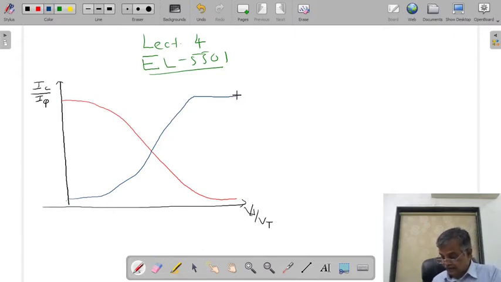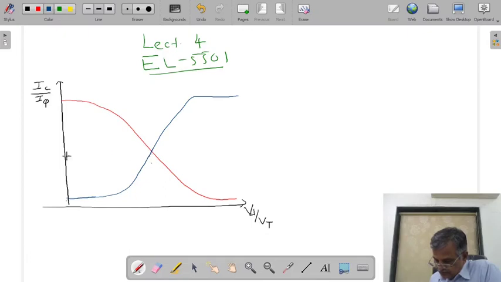Now let us analyze this graph, or we will discuss what is the conclusion from this graph.